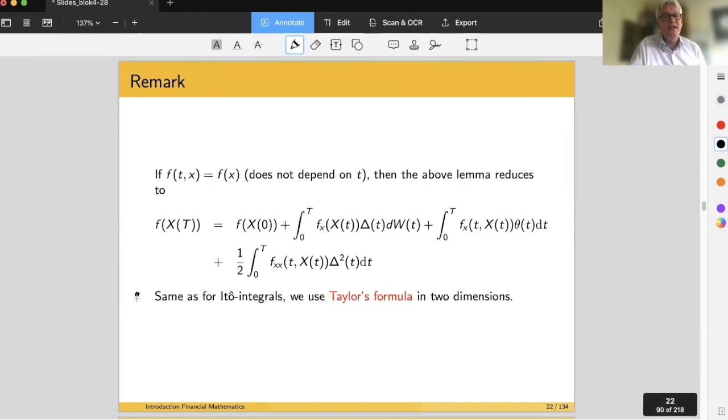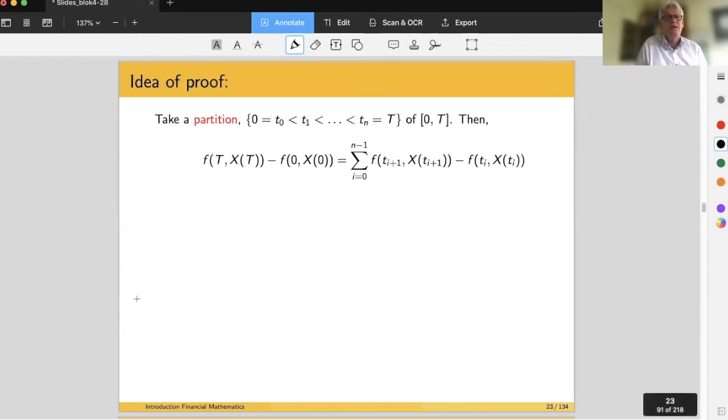So the proof is essentially the same for Ito integrals as we had it before. We use Taylor's formula in 2 dimensions. So the idea of the proof, we only sketch the idea. It goes essentially the same as before the break.